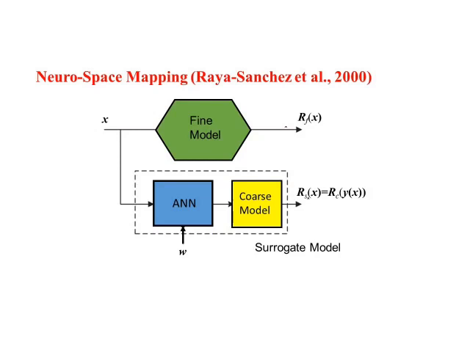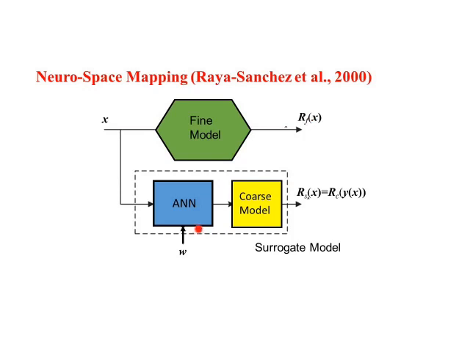Also, in the year 2000, the concept of the input space mapping was implemented using artificial neural networks, and this was the work of Jose Rayas-Sanchez, who was a colleague of mine at McMaster's. So the mapping does not have to be linear. It could be a neural network. You give it X, it's going to map it to some Y of X, such that this mapped coarse model is going to give us the same response as the fine model.